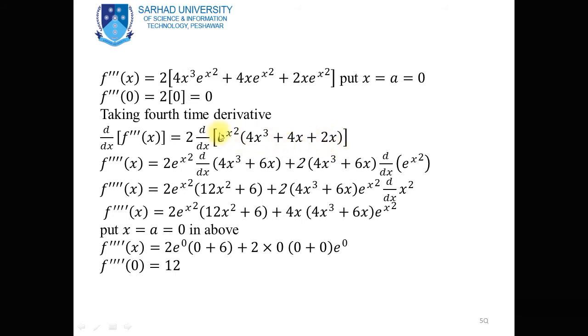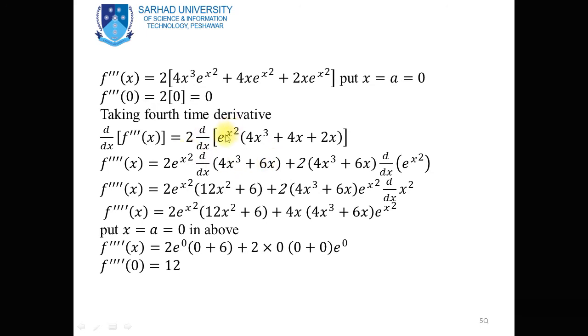So now these are the two functions which are in multiplied form. So using the product rule for the derivative, you see over here, this 2 is as it is. e power x square is the first function, and the second function is 4x cube plus 6x, because 4x plus 2x is equal to 6x.